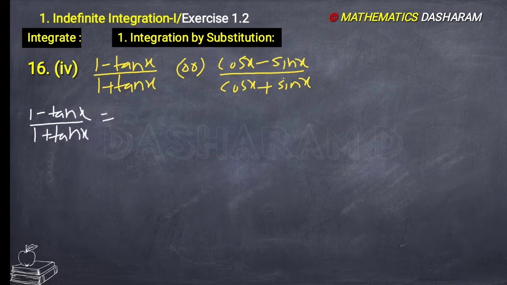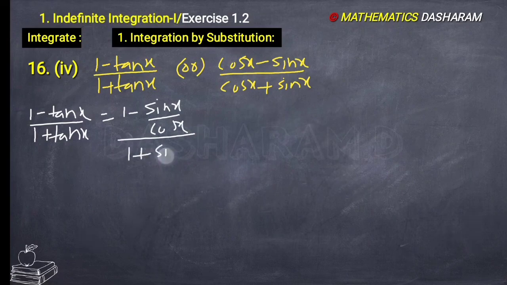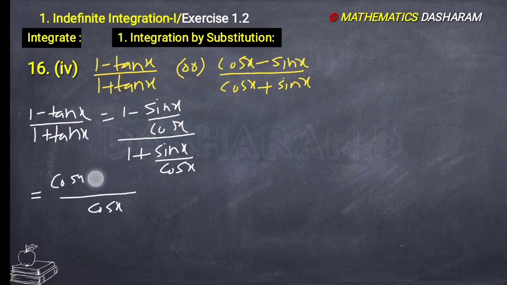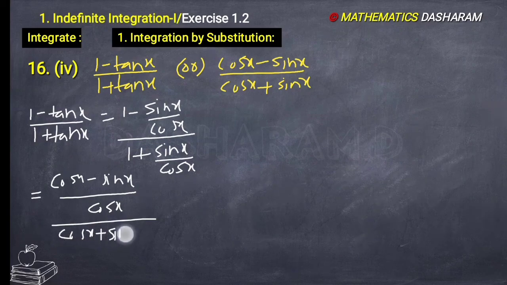It equals 1 minus tan x, meaning sin x by cos x, divided by 1 plus sin x divided by cos x. Let's take the LCM. Cos x is the LCM. So then here cos x minus sin x divided by cos x, plus sin x divided by cos x.